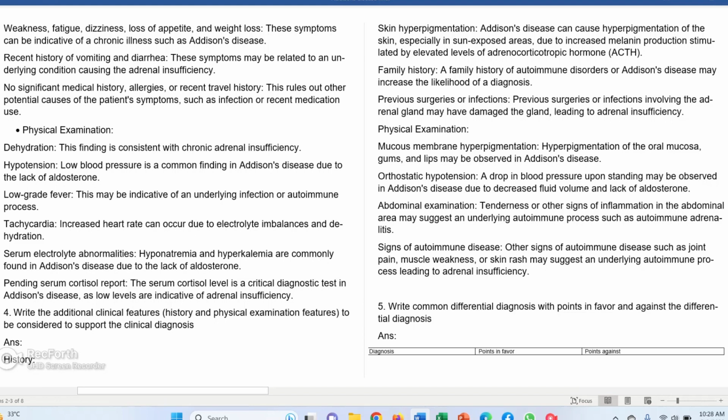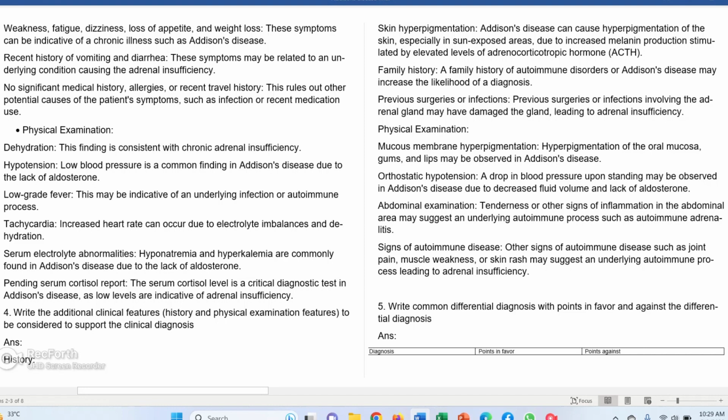Tenderness or signs of inflammation in the abdominal area may suggest an underlying autoimmune process such as autoimmune adrenalitis. Signs of autoimmune disease. Other signs of autoimmune disease such as joint pain, muscle weakness or skin rash may suggest an underlying autoimmune process leading to adrenal insufficiency.